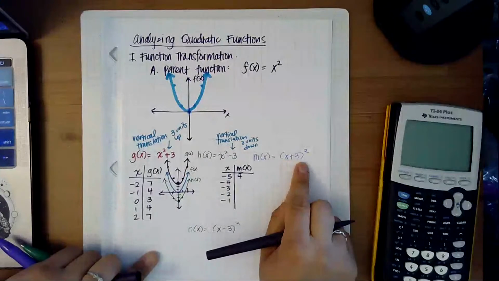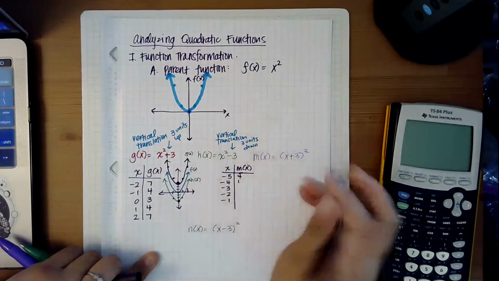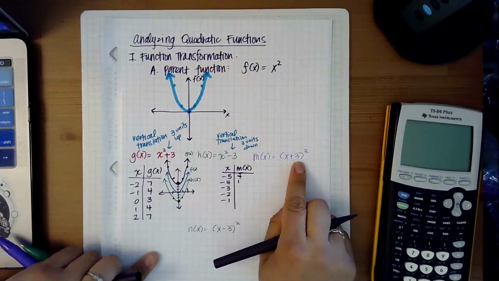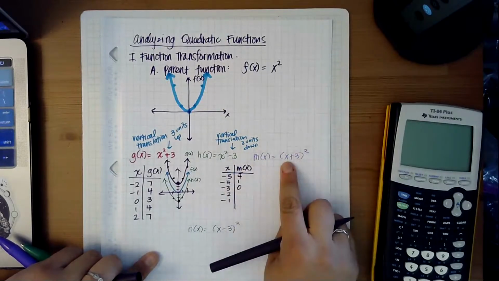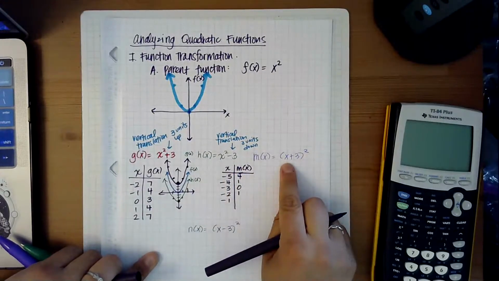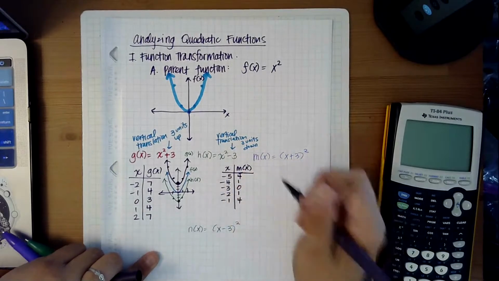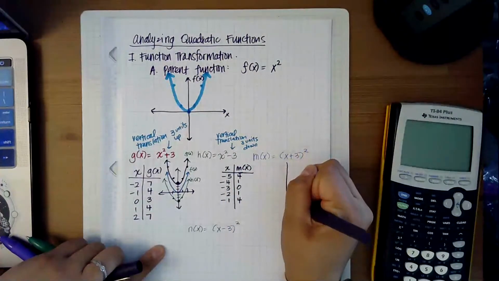Negative 4 plus 3 gives me negative 1. Negative 1 squared is 1. Negative 3 plus 3 is 0. 0 squared is 0. Negative 2 plus 3 is 1. 1 squared is 1. And negative 1 plus 3 gives me 2. 2 squared is 4. Okay, so let's see what this graph looks like.